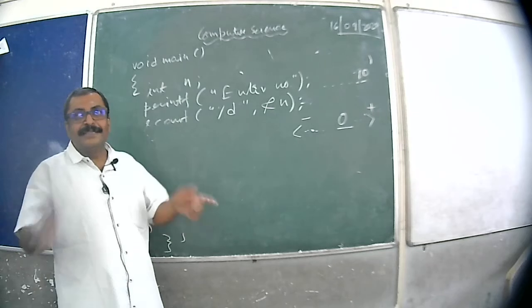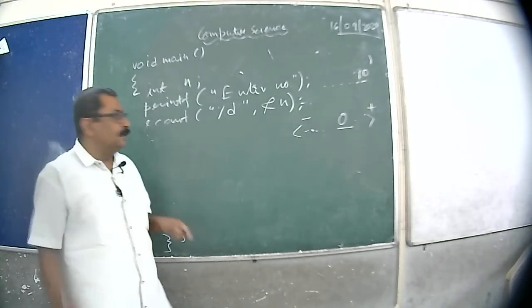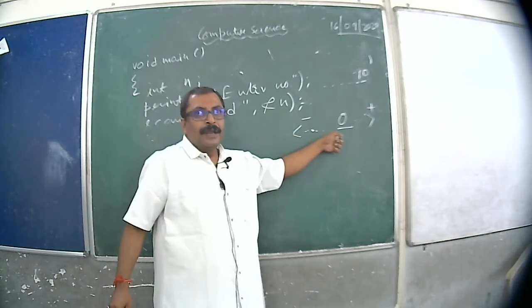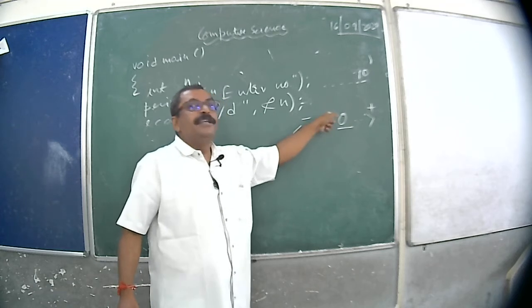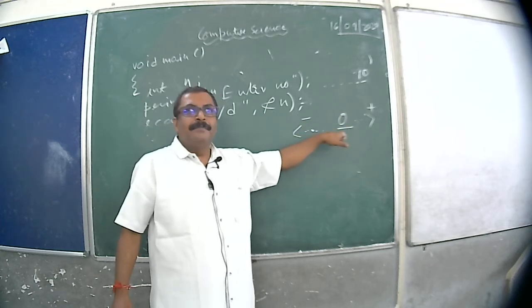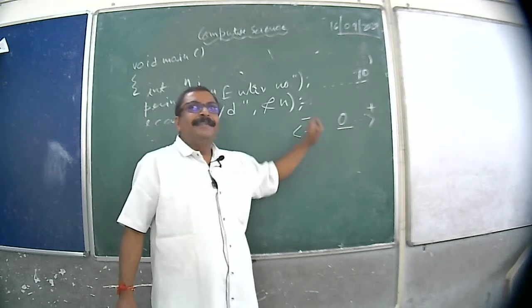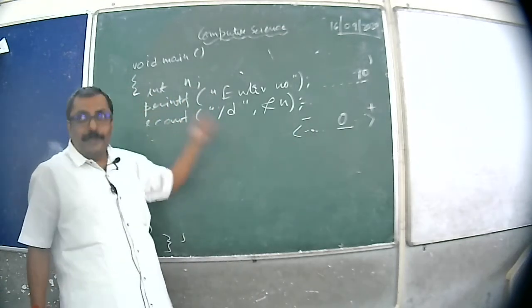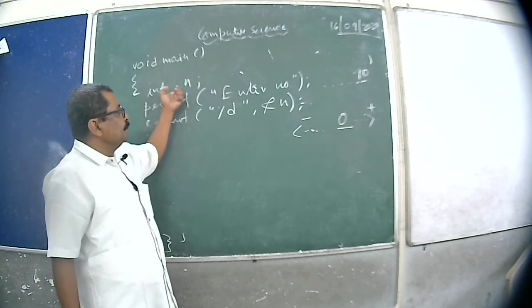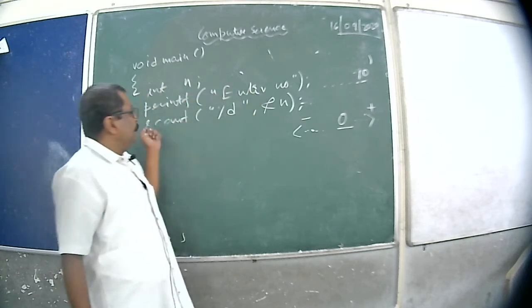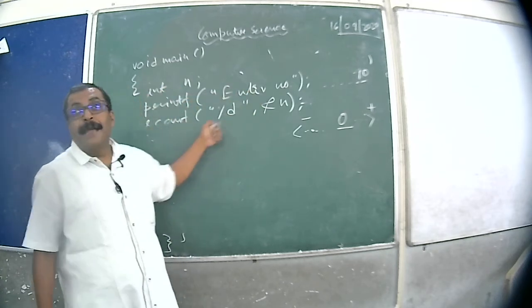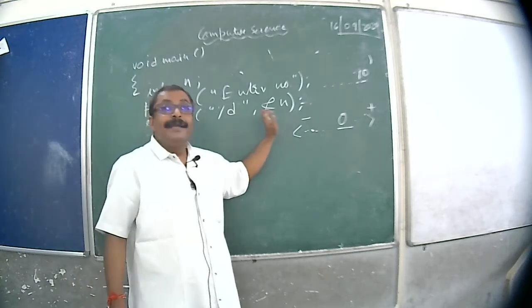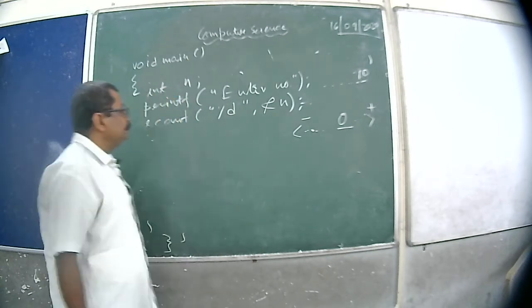So what is the point to be hit? That is 0. If it is greater, then that means positive number. If it is less, then negative number. So only one number is required, n, enter number, printf, scanf percentage g ampersand n. Till that it's correct, no problem at all with this.